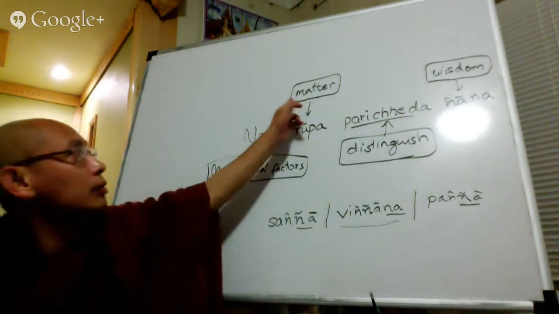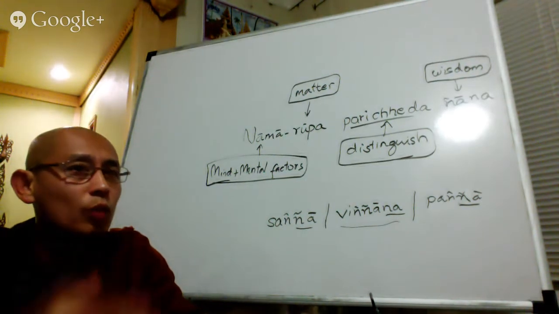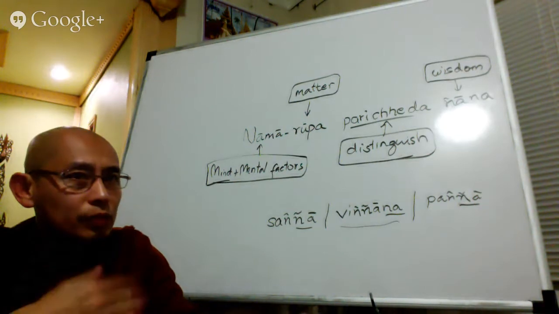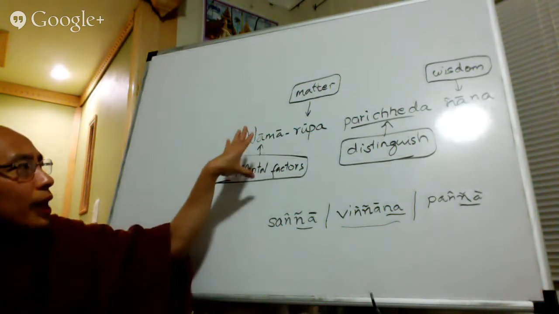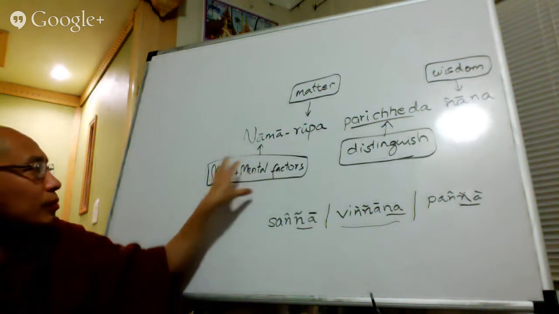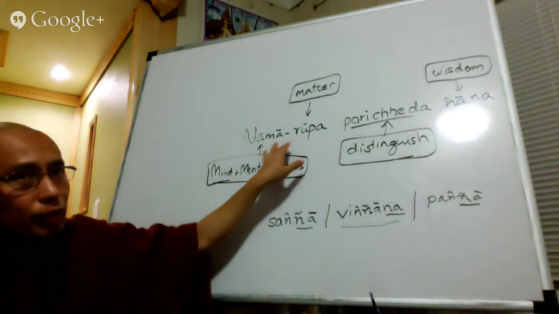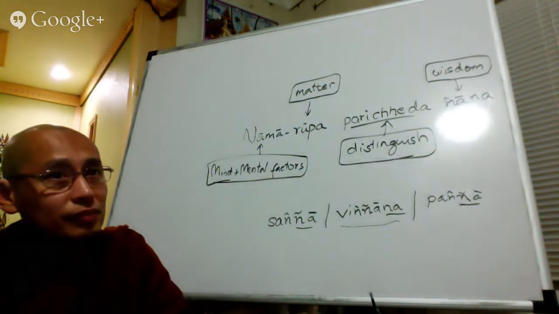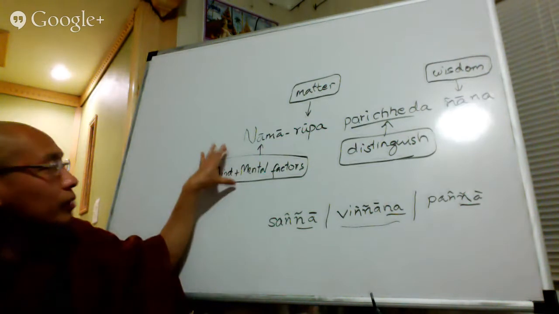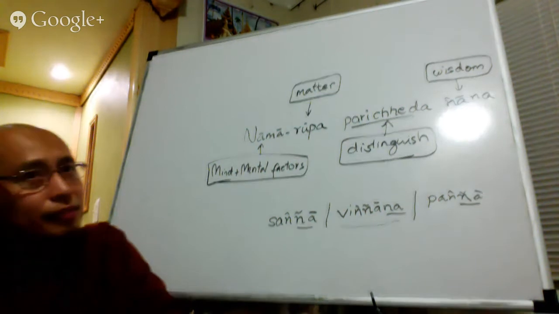This is matter. So every moment when we practice meditation, only mind manifests and matter work together. So nama and rupa, we call it nama and rupa. Nama is mind and mental factors. Vijnana or mind, the same.